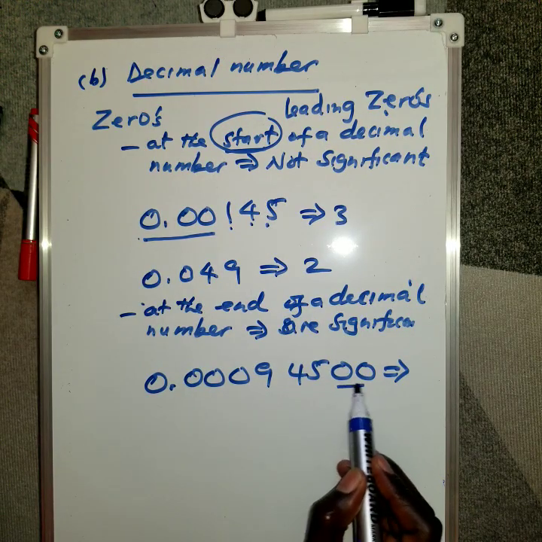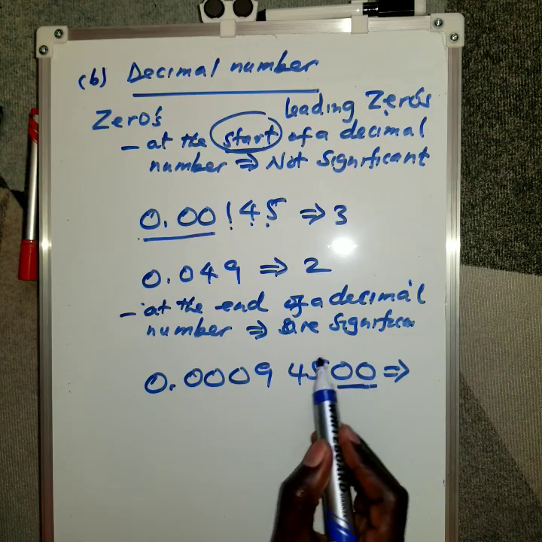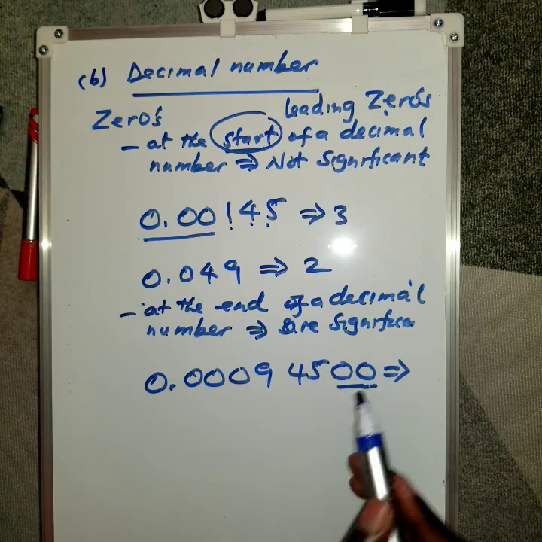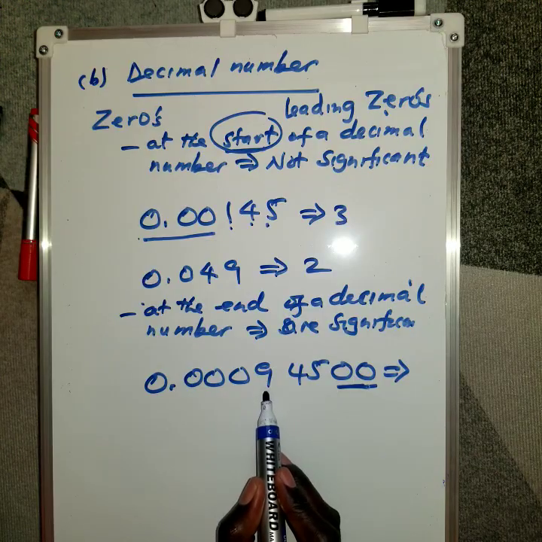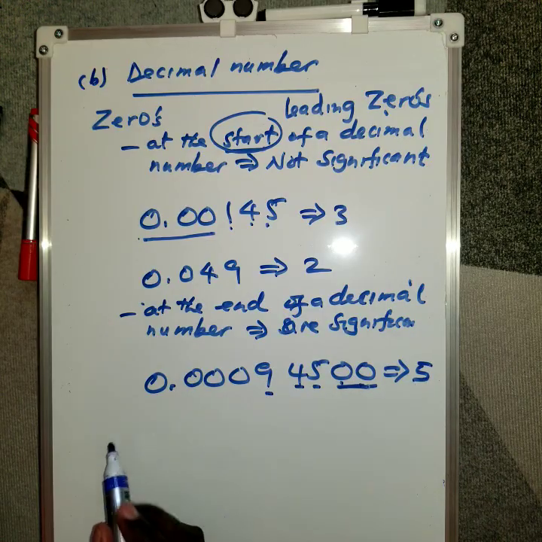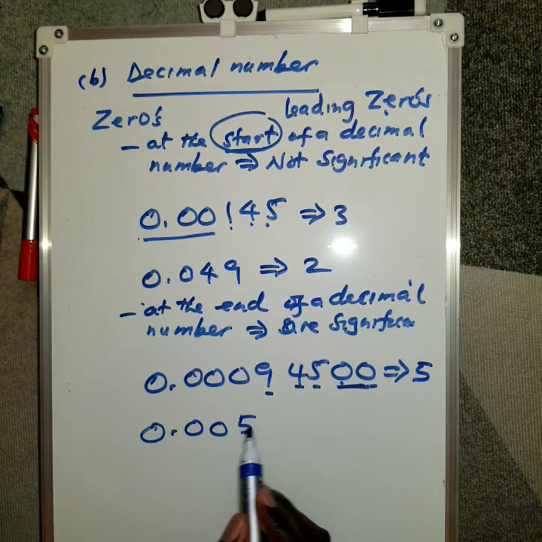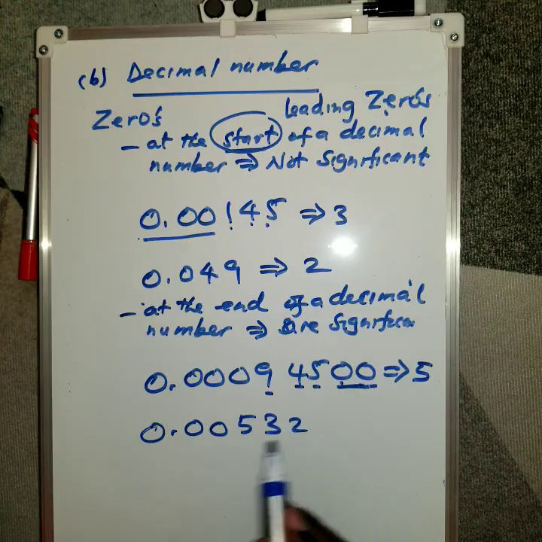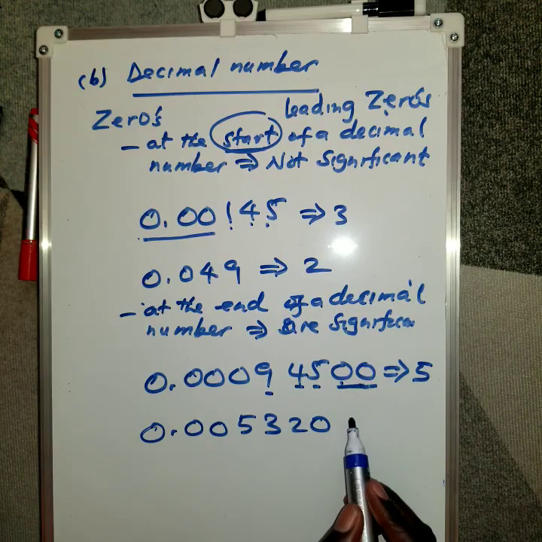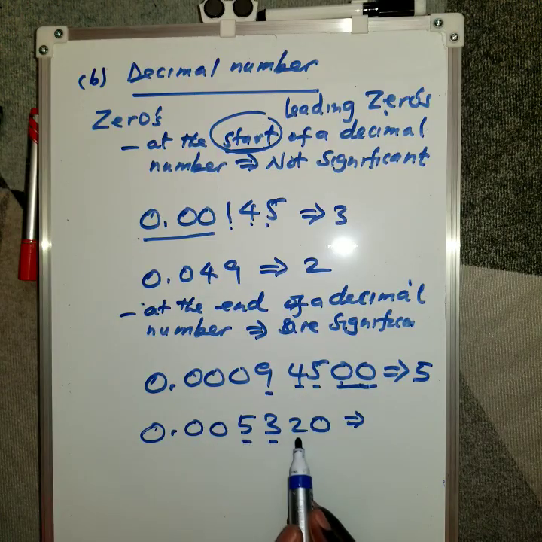Remember, these zeros at the end of a decimal number are considered important, and these are what we call trailing zeros. So it simply means that there will be 1, 2, 3, 4, 5 significant figures. Suppose you have again, maybe 0.005320. How many significant figures again are going to be there? Remember, the leading zeros are not important. So 1, 2, 3, 4. There will be 4 significant figures.